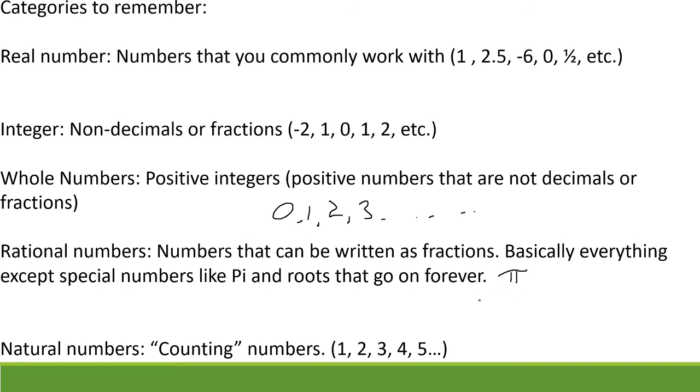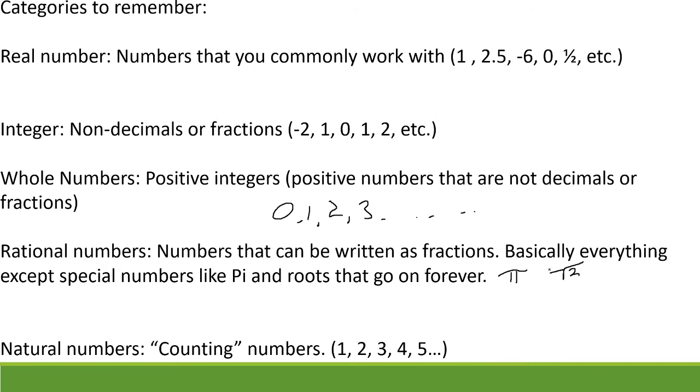You can approximate it, but you can't get exactly pi using a fraction of real numbers. Same for root 2. You cannot make a fraction that gives you the exact value of root 2. There's just no way of doing it. Numbers like these are called irrational numbers, but everything else is going to be a rational number. Once again, most of the numbers we work with here are going to be rational numbers.